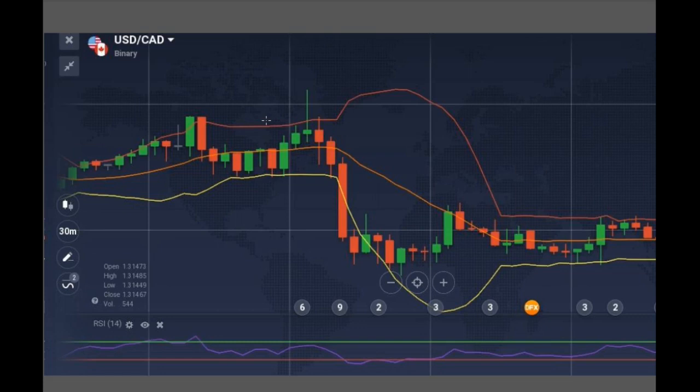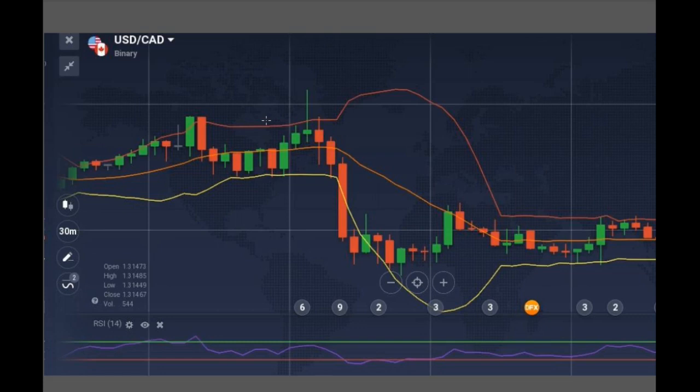From the previous sessions or models that we have treated, you can see that the candlestick time frame is proportional to the expiration time. So if you are using a 30 minutes candlestick, you are targeting a 30 minutes expiration time.